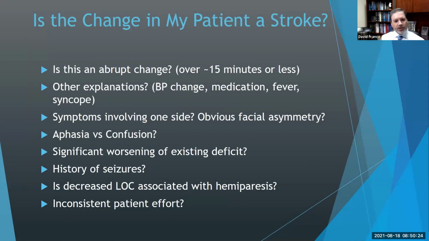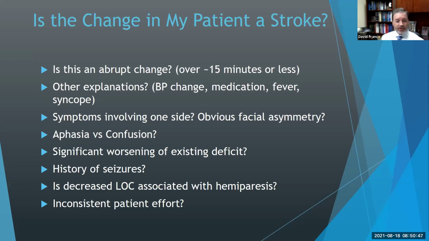All right, so this is one of those things that I think we all face as hospital clinicians: is this change in the patient something that could be a stroke? And of course, if it is, then we have to go down that pathway with a rapid response and a stroke alert potentially. So, what is an abrupt change?